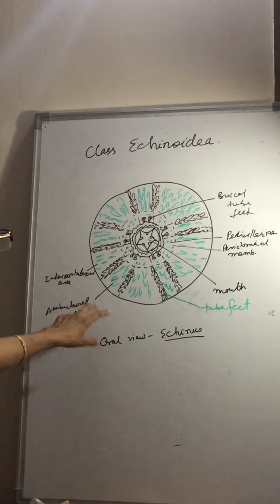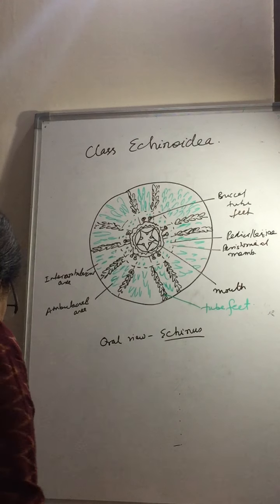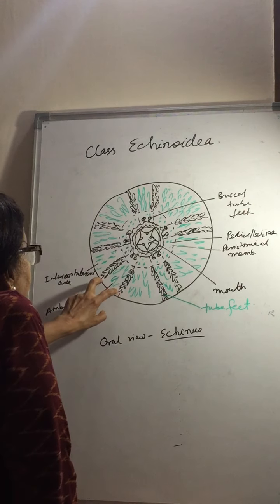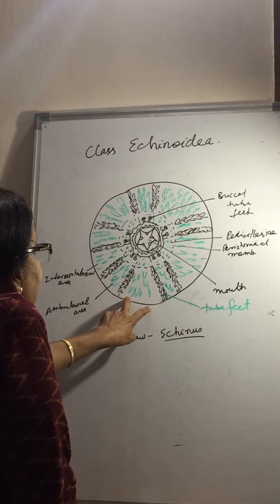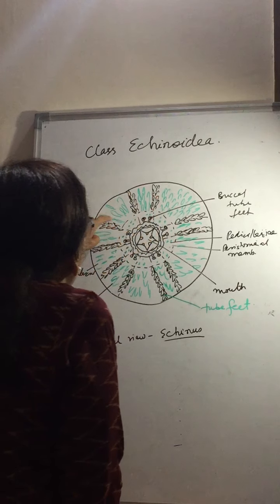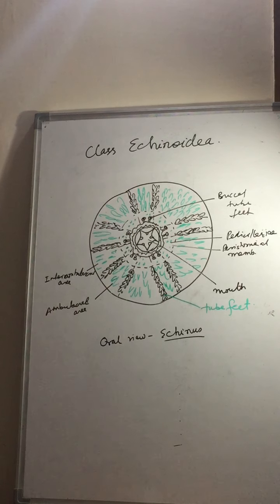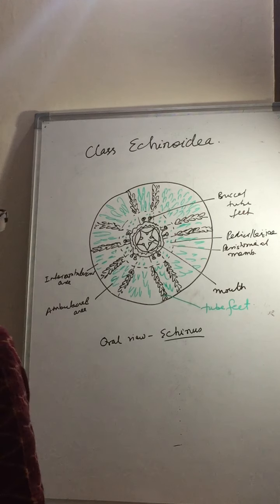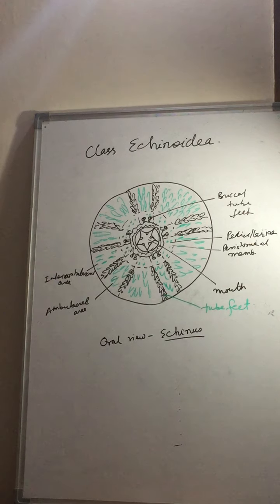Now this ambulacral area, there are 5 sections that bear tube feet, 1, 2, 3, 4 and 5, and we call it the ambulacral area. There are 5 sections which do not bear tube feet, they alternate with them, they are devoid of tube feet, and we call it the interambulacral area.